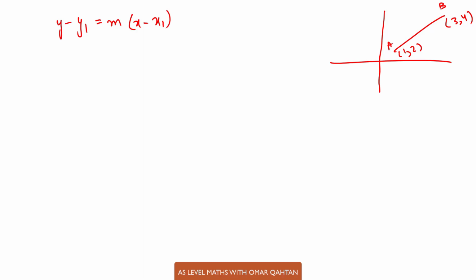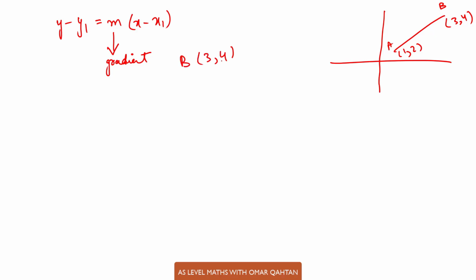So how do you use y minus y1 equals m into x minus x1 for finding the equation of this line AB? What I need here is the gradient and any one point. Either I could use A or I could use B. So I would like to use B now.